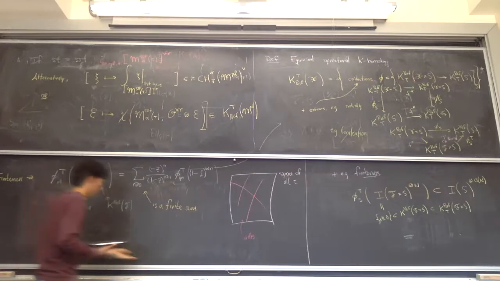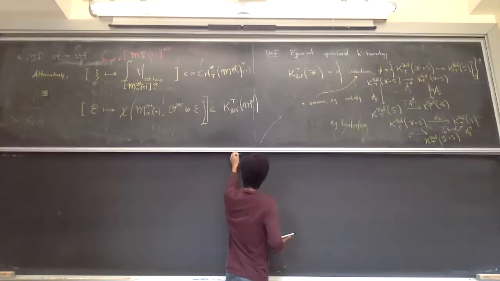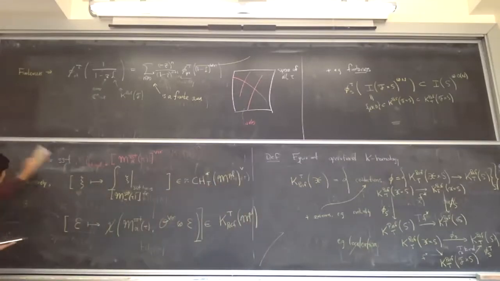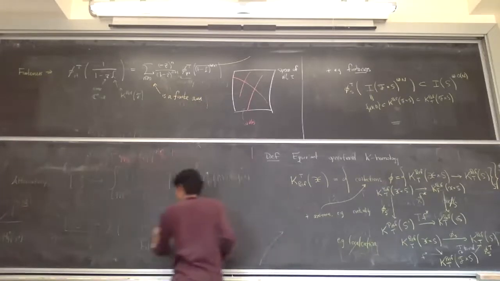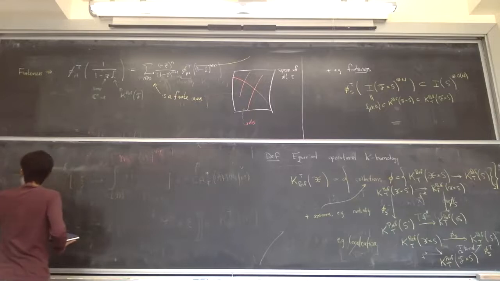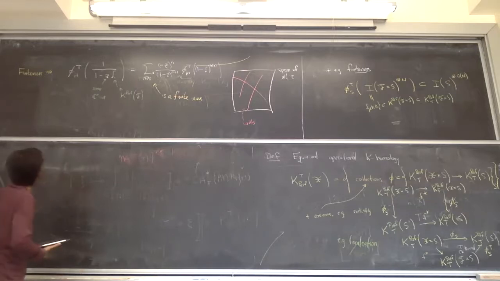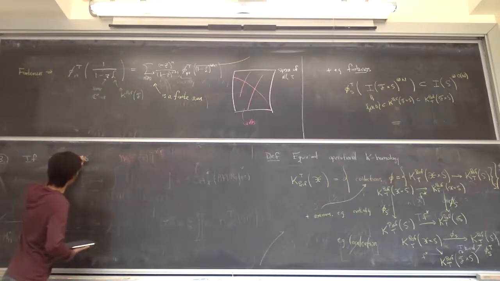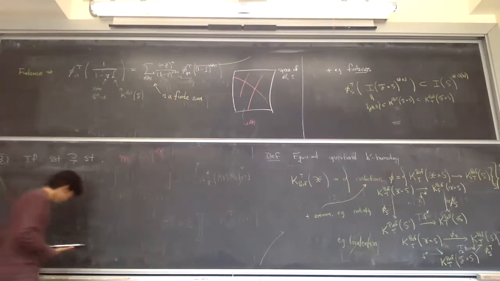So let me push this up. All right, so B, if semi-stable is not equal to stable, then we actually have to do something non-trivial.